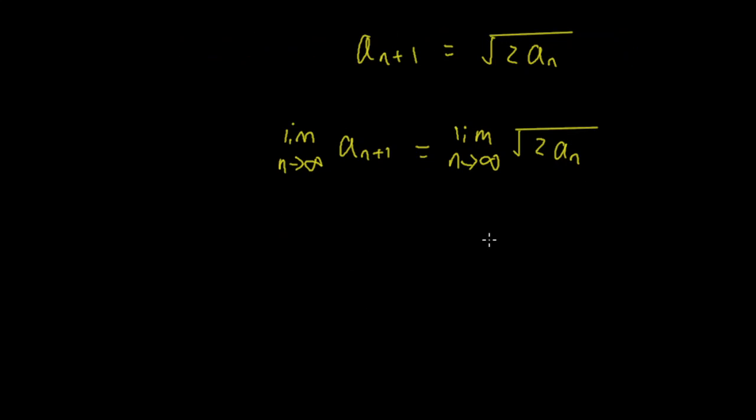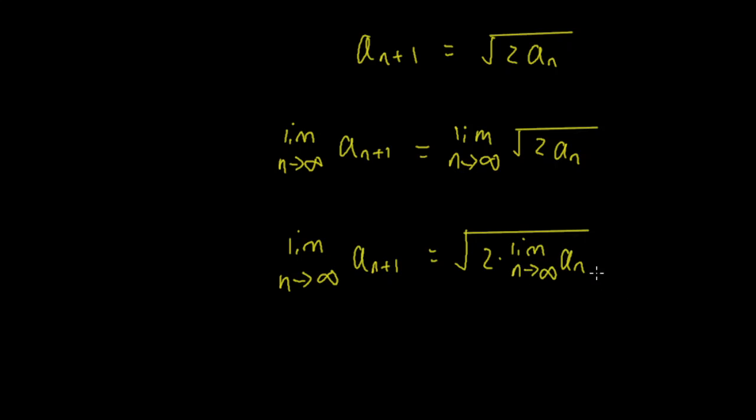Okay, now looking at this, the limit as n approaches infinity will only apply to a of n here. So I can rewrite this as limit as n approaches infinity, a of n plus 1 is equal to square root of 2 times limit as n approaches infinity, a of n.